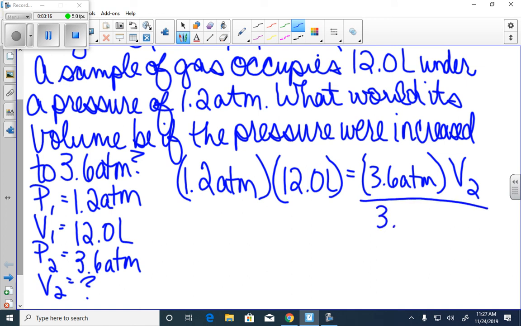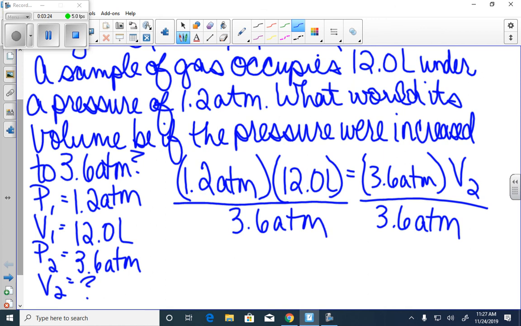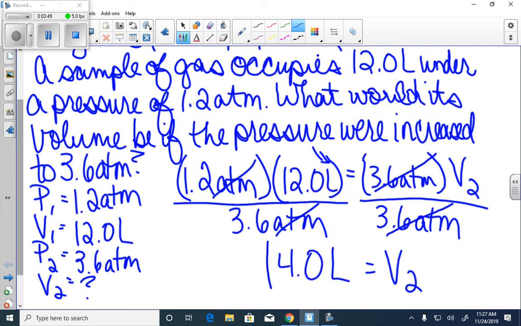So if you divide both sides by the 3.6 atm, then the 3.6 atm on this side cancels out. That gives you V2 by itself. The unit atm cancels out on this side to leave you with just the unit liter. So now you punch into a calculator 1.2 times 12 divided by 3.6, and you should get 4.0. Again, your unit is liter. And this is your answer to Boyle.